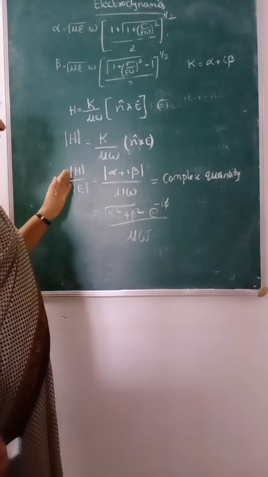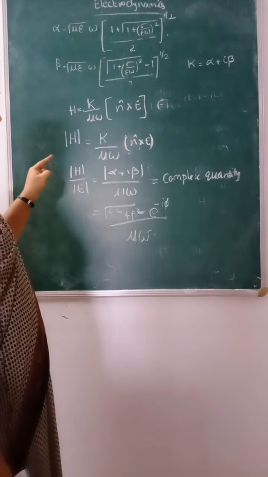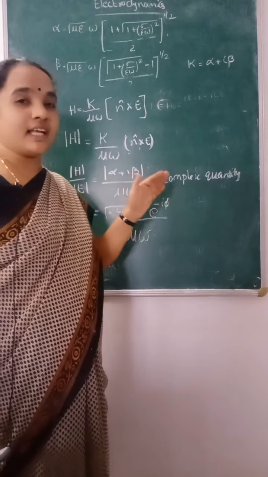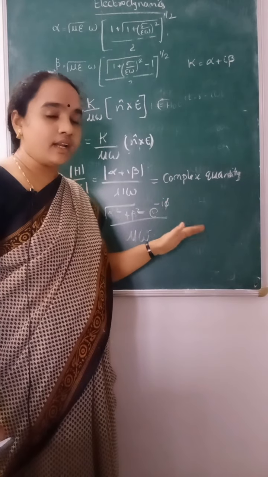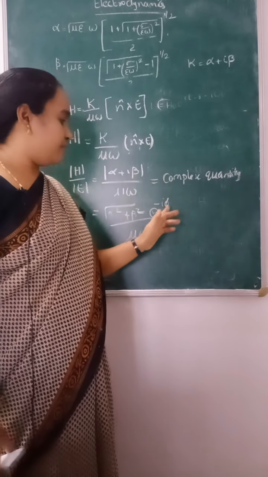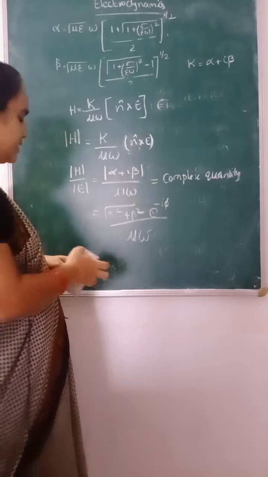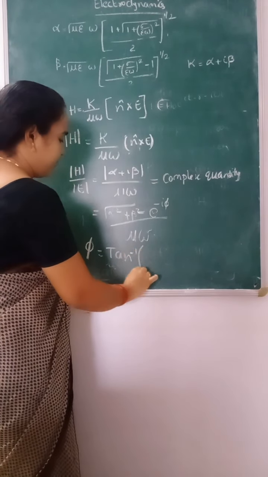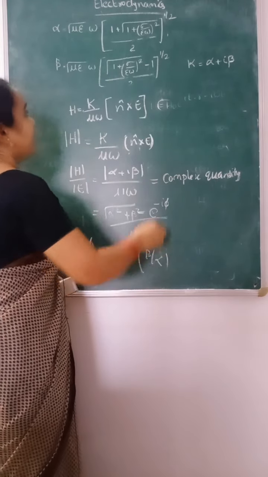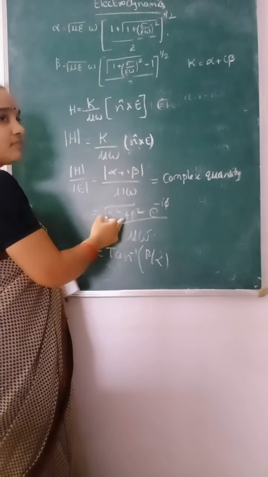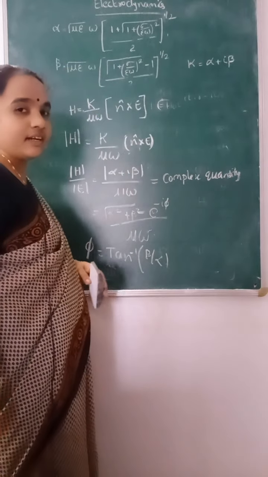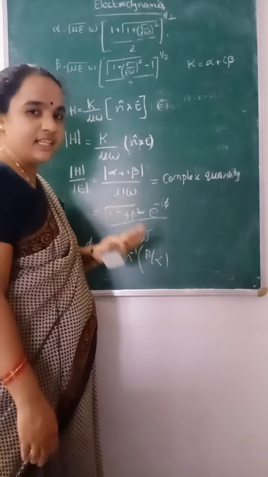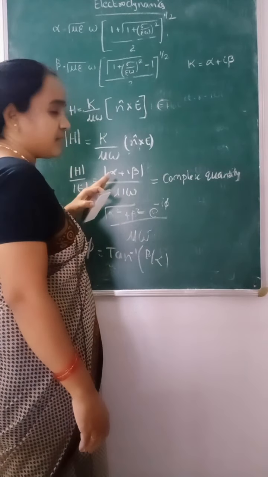The main important point is that the ratio of E and H is a complex quantity, so we can say that the E and H vectors are out of phase by phi value. Here phi is tan inverse beta by alpha. Alpha square and beta square we have already calculated in the previous class. If you are interested, we can substitute or we can leave this expression like this.